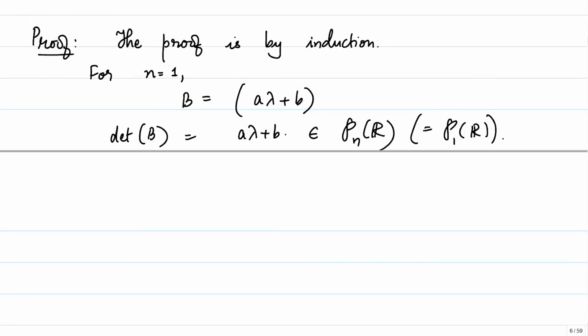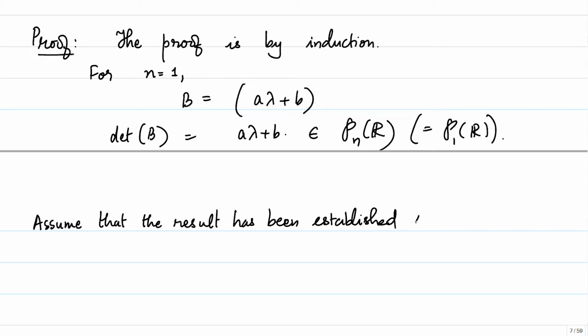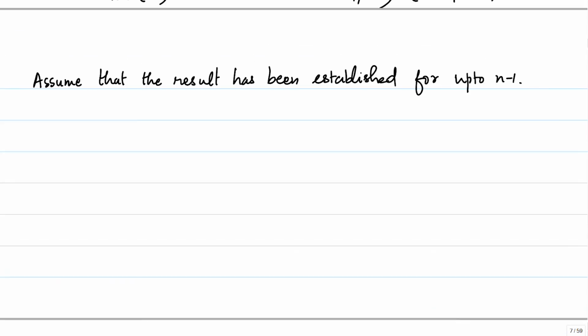Now let's assume the strong induction hypothesis. Assume that the result has been established for up to n minus 1. So we would like to now take the case when B is an n cross n matrix and then prove the result.